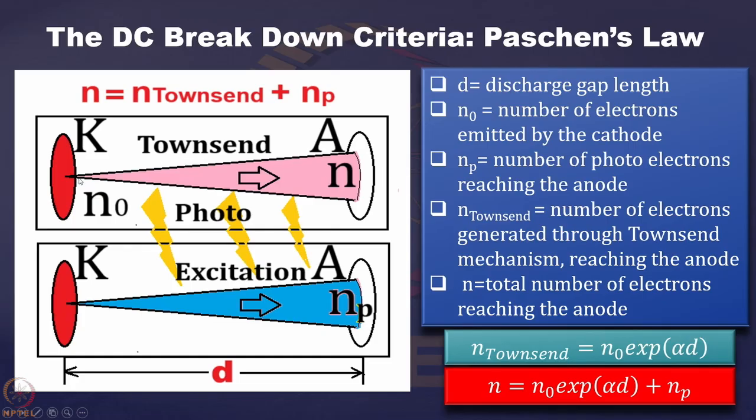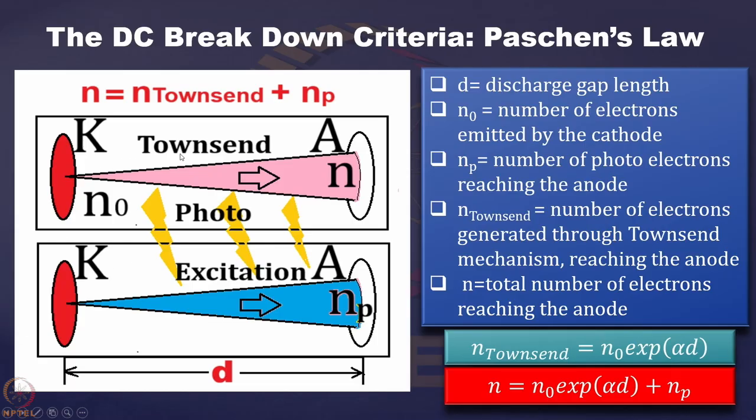On the way they produce ionization, and when they collide they excite other electrons, allowing them to emit radiation, and that radiation falls on the gas and causes further electrons to get emitted via photoionization.